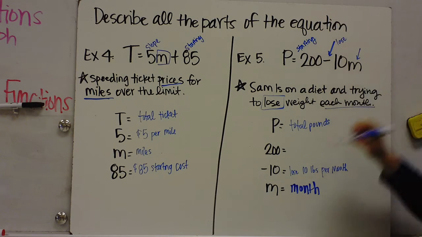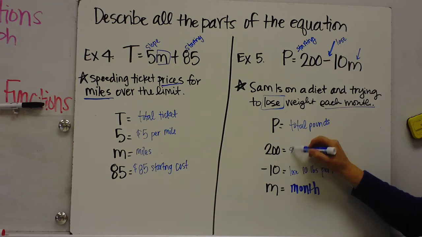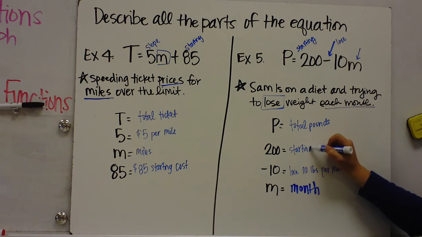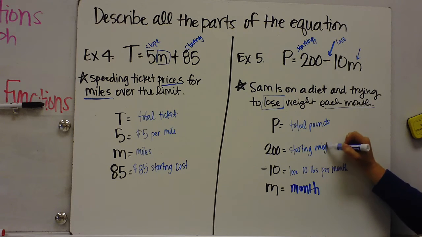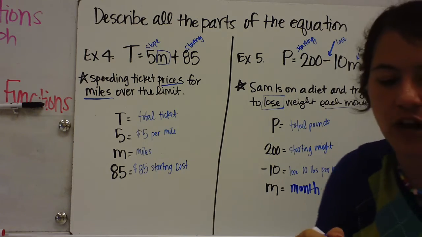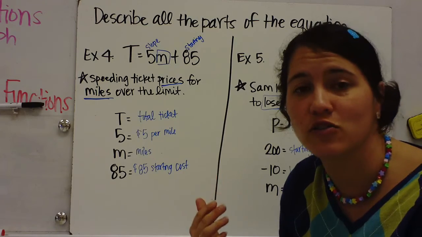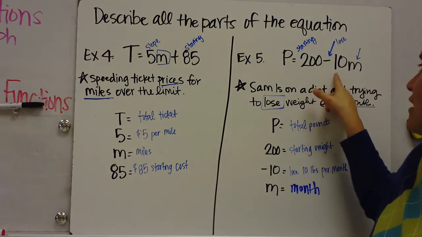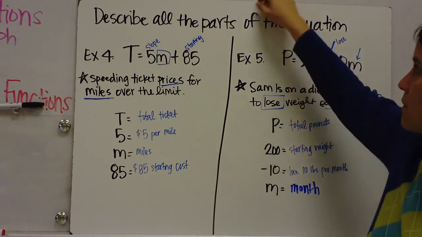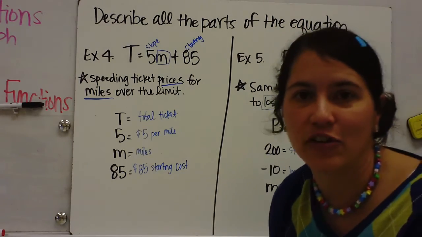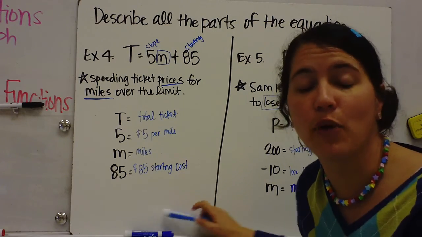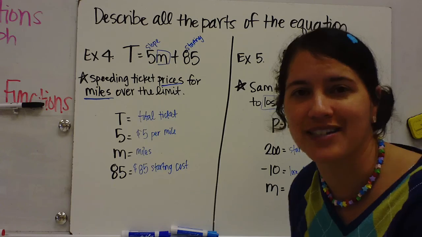Your initial value. So that must mean his starting weight is 200 pounds. So Sam weighs 200 pounds and he's trying to lose weight. So he wants to lose 10 pounds per month. Okay? So that's how you use real world problems, equations in real world, and we'll practice more tomorrow.